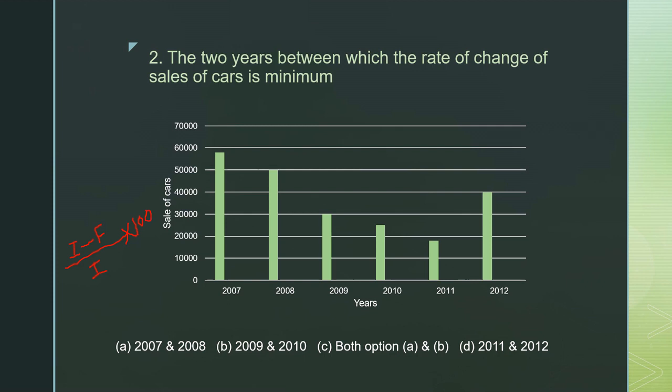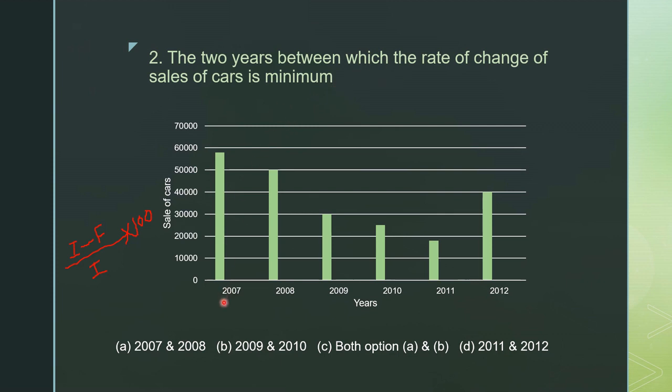Right? This is the method. If we subtract the final value from the initial value and then divide this value by the initial value and multiply by 100, we can calculate the rate of change of percentage.